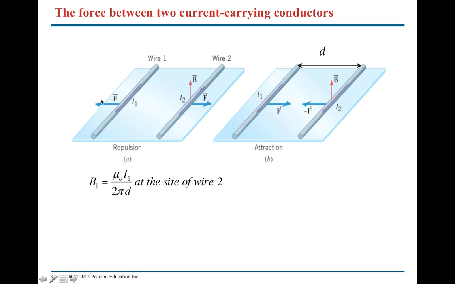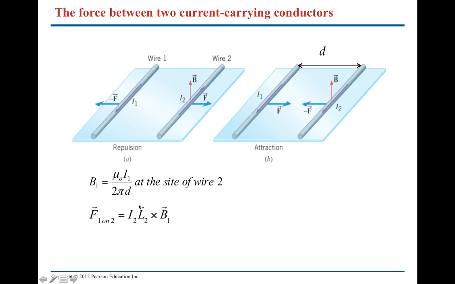So the wires will exert forces on each other. What we wanted to see is what this force looks like, okay? And we can do that by simply calculating the force of 1 on 2, and we know the force of 2 on 1 will be the same but in the opposite direction.